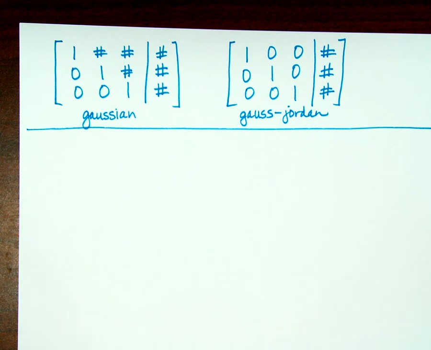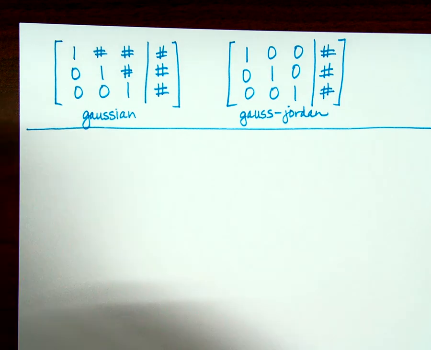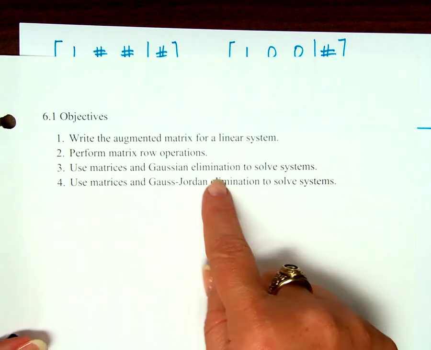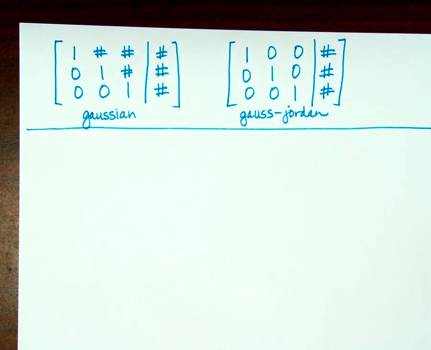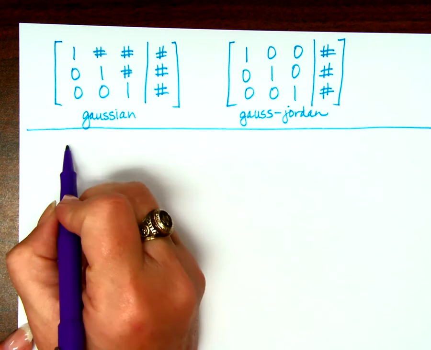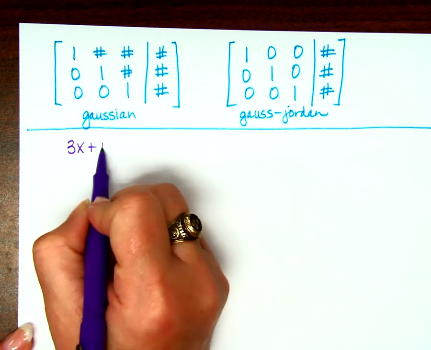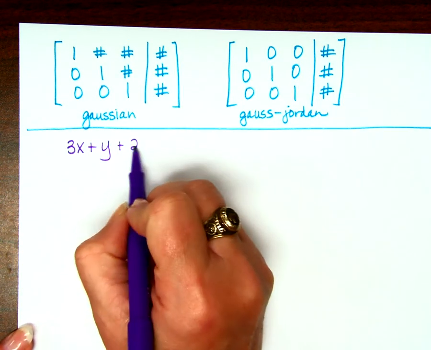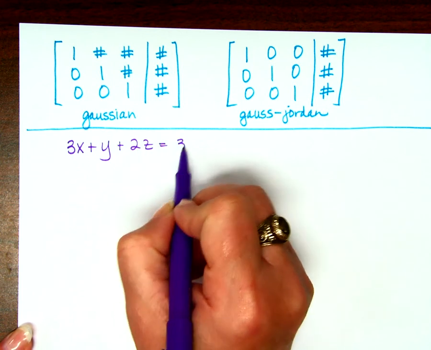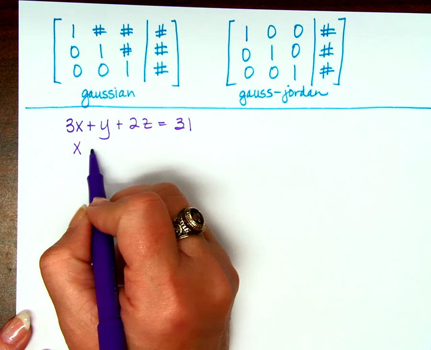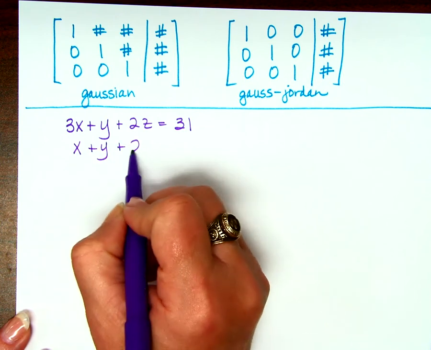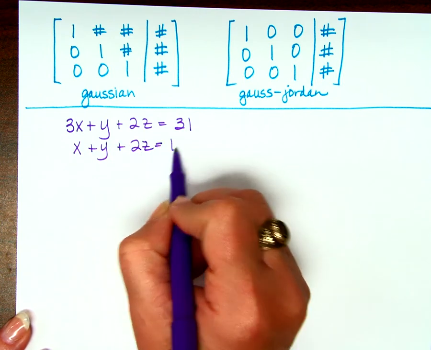All right, you ready? You'll see what I mean now because I have to show you how to do it by hand. Because that's our last objective, or last two, is use the matrices to know how to do this. Okay? So here's our system. 3x plus y plus 2z equals 31. x plus y plus 2z equals 19.